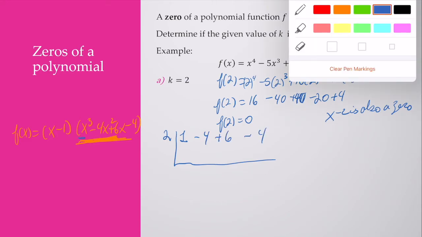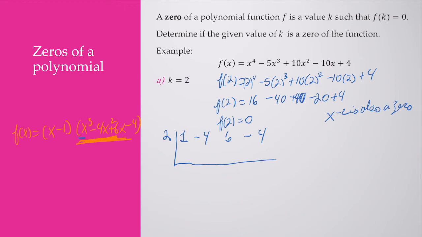I pulled down my first term. 2 times 1 is 2. Negative 4 and 2 is negative 2. 2 times negative 2 is negative 4. 6 and negative 4 is a positive 2. 2 times 2 is 4. Our remainder is 0.